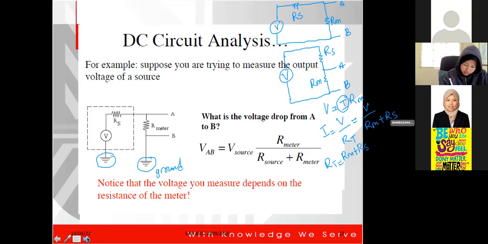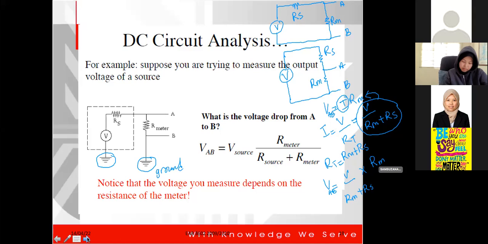Substitute back into the equation, so VAB is equal to V over RM plus RS times RM. Got it? So it is the same as this answer. Correct.